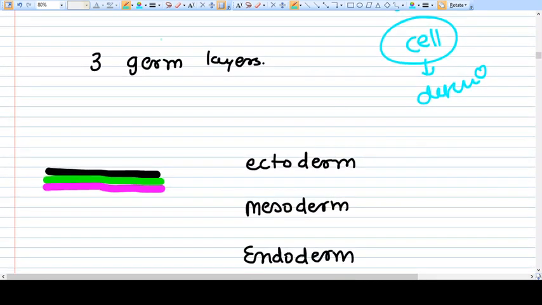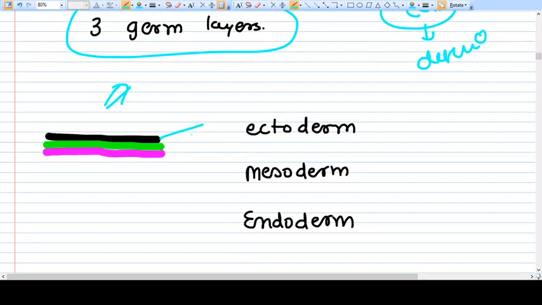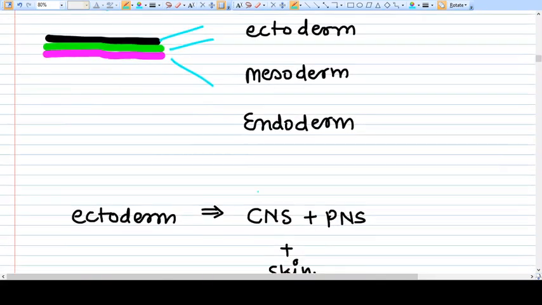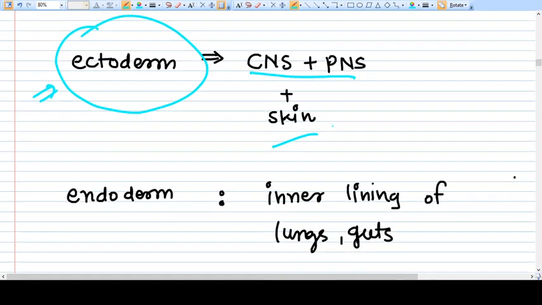So if we see, we have basically three germ layers. Everybody knows these three germ layers: ectoderm, mesoderm, and endoderm. There are various tissues that develop from every layer. We will discuss it in very small quantity. Ectoderm produces CNS, PNS, skin-like structures.